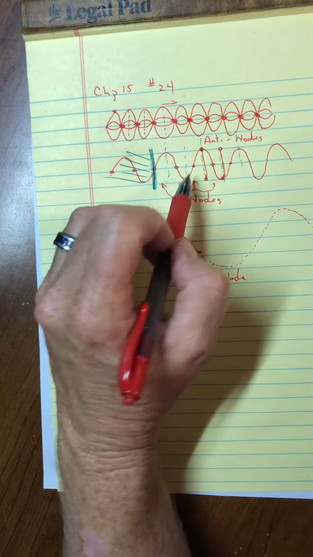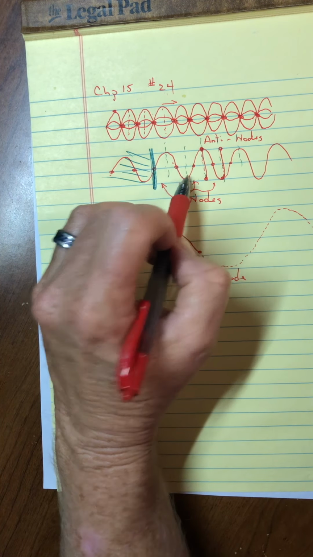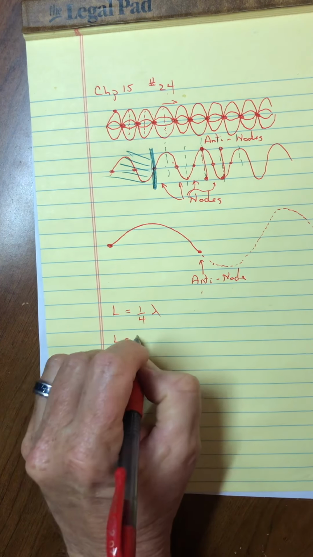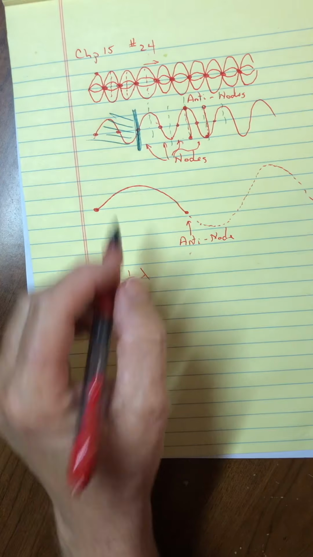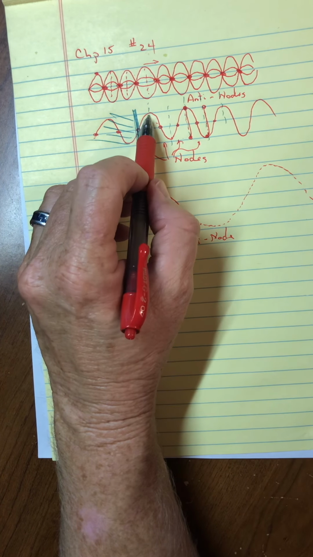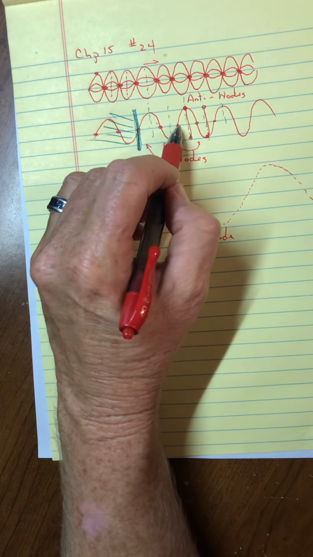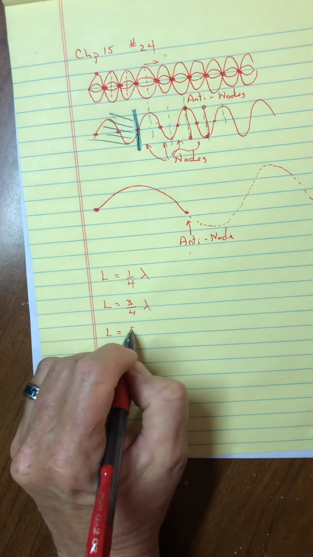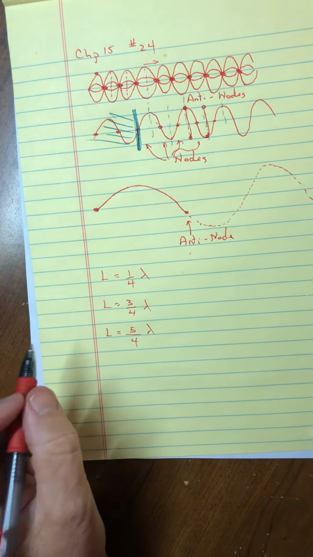Now, the other option is it could go to this antinode. So it would start here and that'd be a half with another 1/4. So L could be 3/4 of a wavelength. Now, it could go from the node to the third antinode, which would be here. And if you look, that's one wavelength and another quarter. So it's 1 1/4, although let me write it as 5/4 so you can see the pattern.